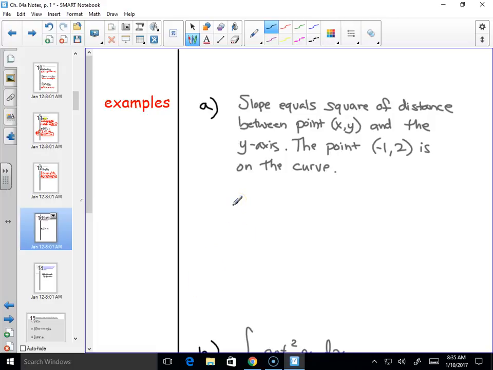I know it's a nasty word problem. It has something to do with all this integration stuff that we're doing. You might not even see anything like this in homework. I actually don't think you will see something quite this hard. But it introduces an idea.